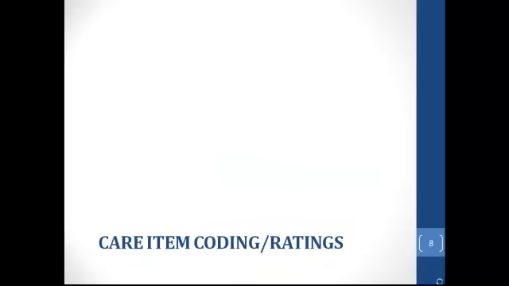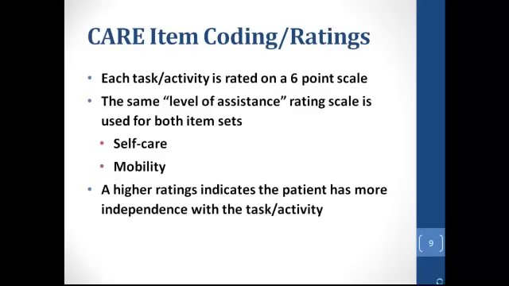So let's begin to look more closely at the CARE item coding system. In other words, how the items are rated. Each task or activity is rated on a 6-point scale. This might be different than what you are used to using. Many therapists may be used to using a 7, 8, or even 9-point scale.